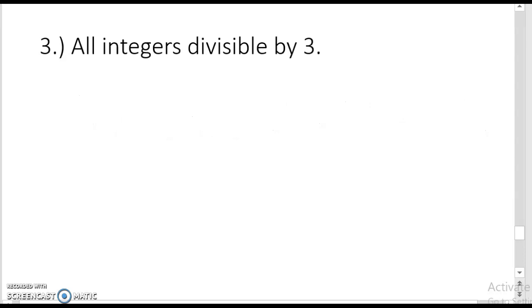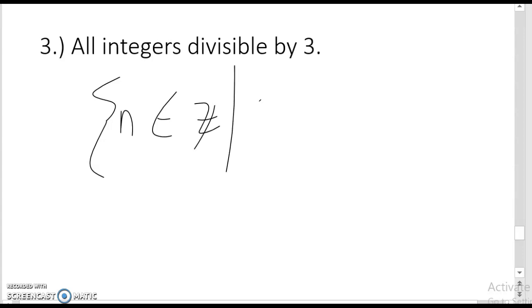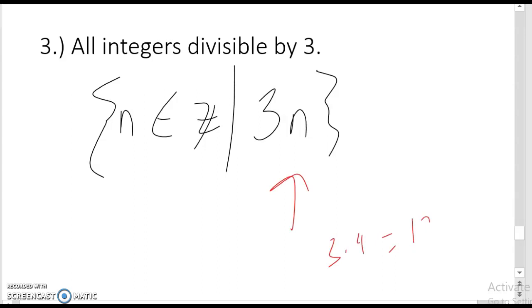Let's do another: all integers divisible by 3. Again, we need to use a different variable. Let's use n. N is an element of the integers such that we have 3n. Because if you think about it, if n is an integer, let's just say 4, I plug that into this side. 3 times 4 is 12.